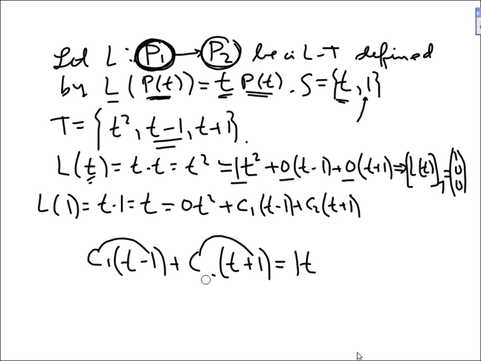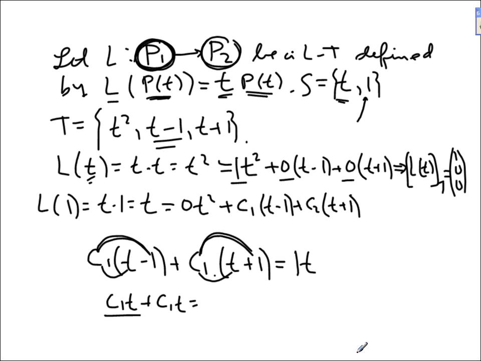If this number was C1 as well, we'll get 0. Negative C1 plus C1. It's done. We get the 0. But we want to get t. We want to get 1t. Well, we have C1t plus C1t.